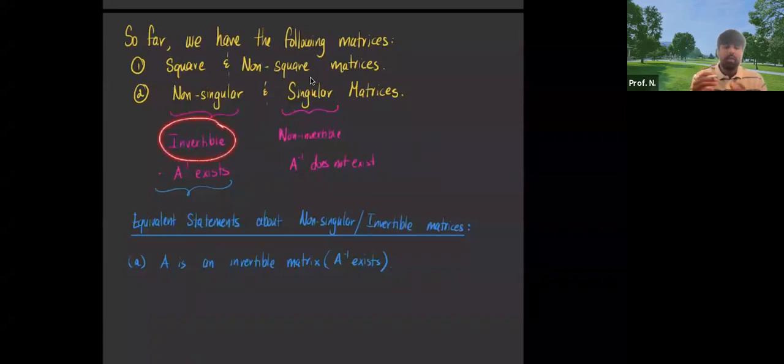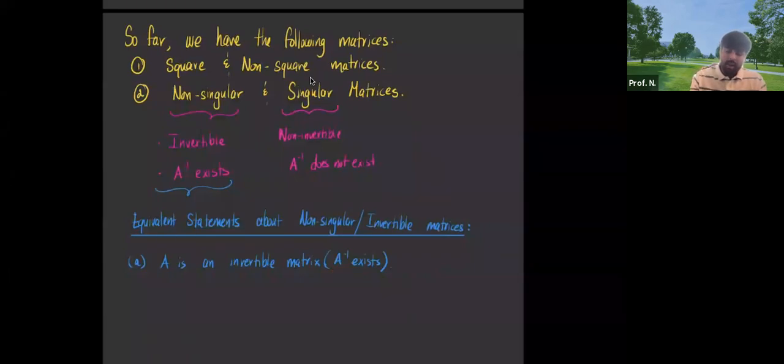Invertibility is exclusively for square matrices. You can't talk about invertibility with non-square matrices, because the dimensions won't always match up when you switch around the matrices. So we assume A to be square, and the inverse exists.